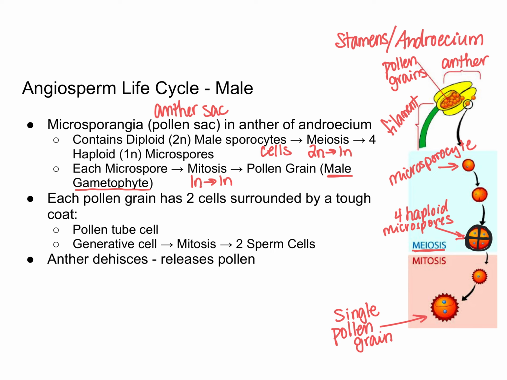Now, if we were to take just one of these microspores, that's going to show us what is happening here. So this is one microspore that is then going to go through mitosis, and it's ultimately going to form 2 cells that are surrounded by a pollen coat. So you can see the spiky bits here. That's the pollen coat.